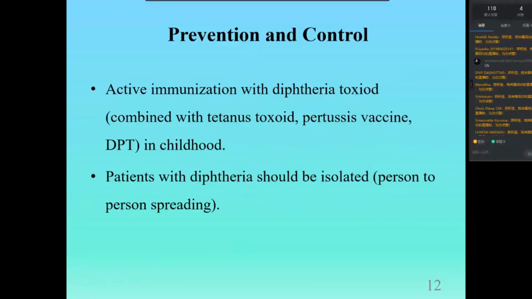Okay, and patients with diphtheria should be isolated because the disease can spread from person to person. So you need to isolate your patient and avoid contact of your patient with other persons. Avoid the spreading. That's prevention and control.